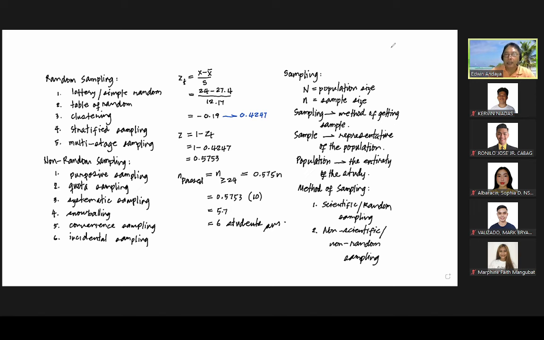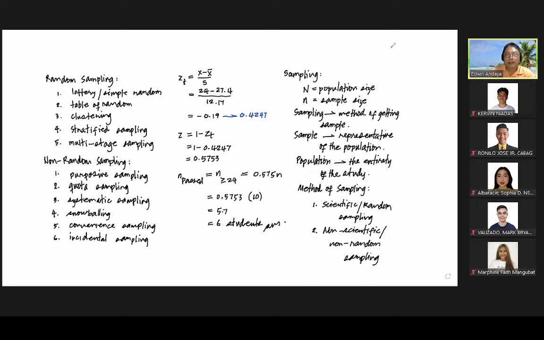So we can stratify the computer engineering students by year level, representative from first year, representative from second year, like that. Or multi-stage sampling, that is the use of all of the above sampling methods in the selection of the sample.